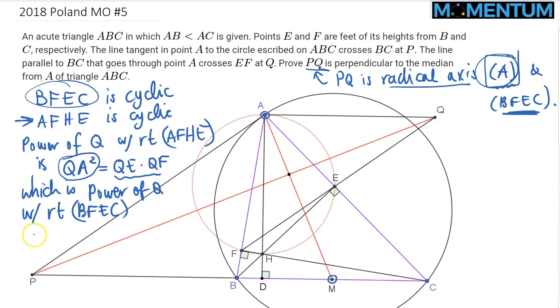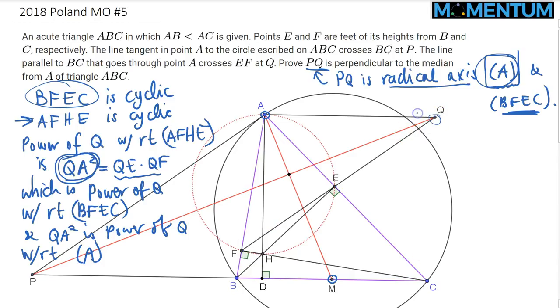And so let's write it down. Therefore, QA square is also the power of point Q with respect to circle A. So QA square, which happens to be equal to QE times QF, is the power of circle A, but it's also the power of circle BFEC.